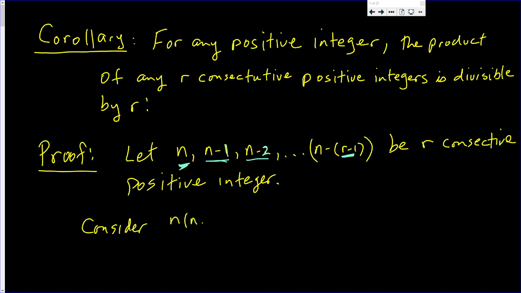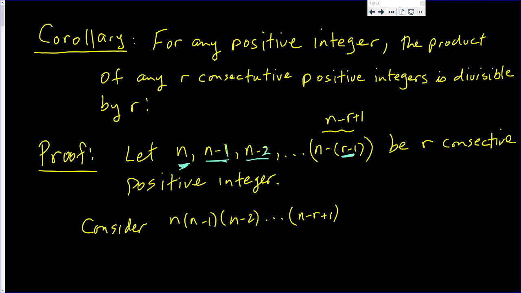Consider n times n minus 1 times n minus 2 all the way down to n minus r plus 1.